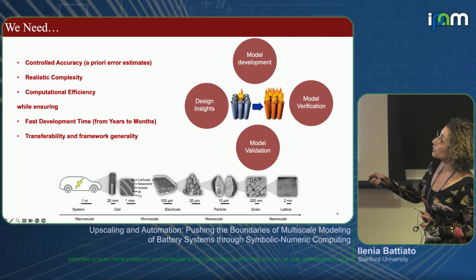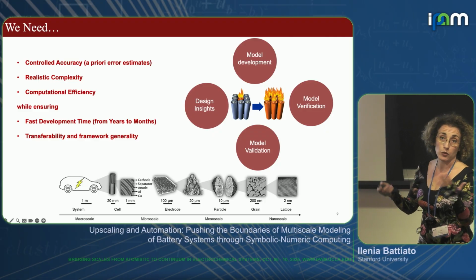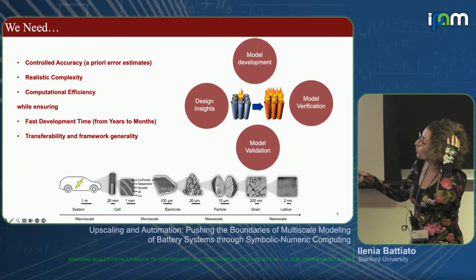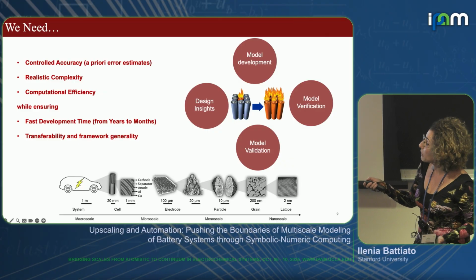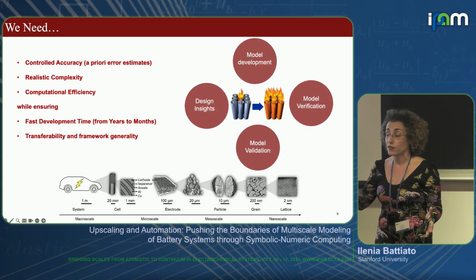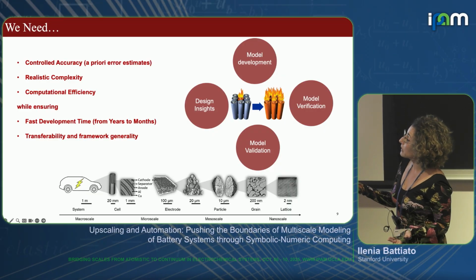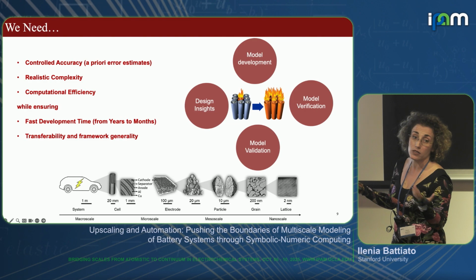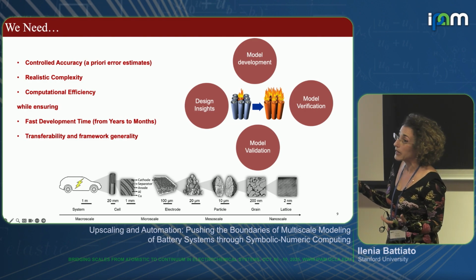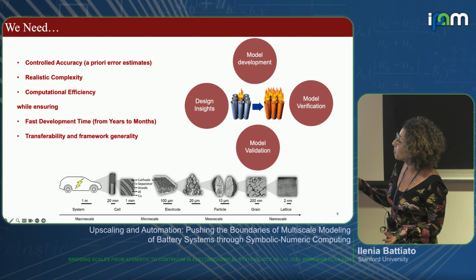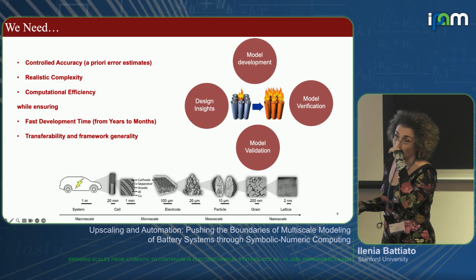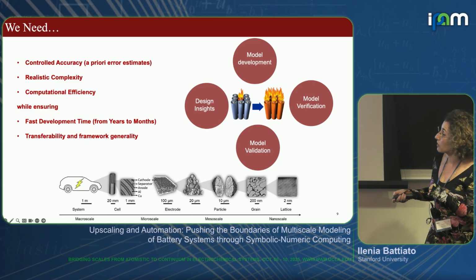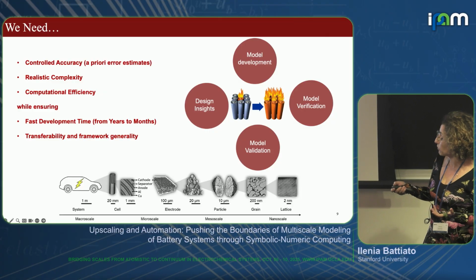Then we would like to have realistic complexity, and also computational efficiency. At the same time, because we work on different kinds of applications, we would like to be able to develop these models really fast, so not spend decades coming up with a model. And we would like a framework that is transferable and general.